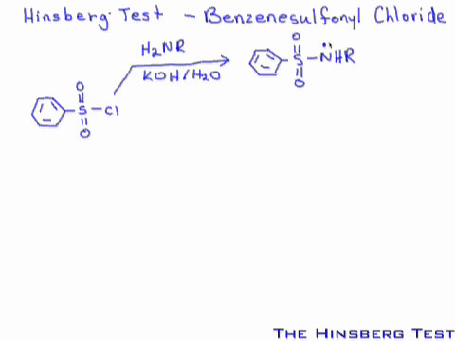So this is a benzene sulfonamide. If you react with a secondary amine, where there are two carbons off the amine, and do the same reaction, you get a fully substituted benzene sulfonamide.